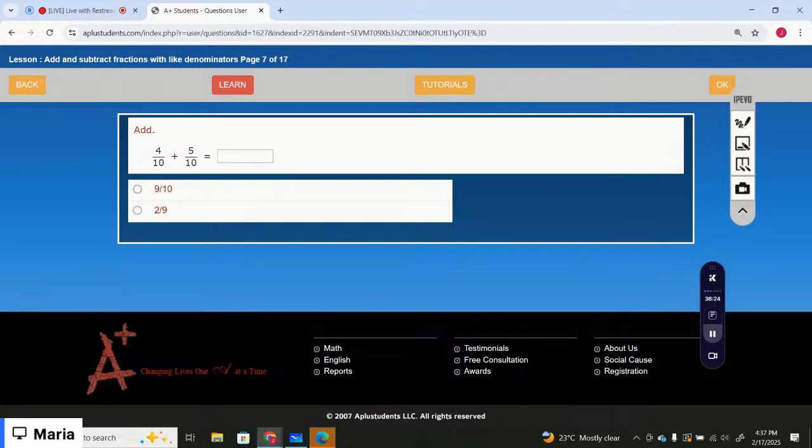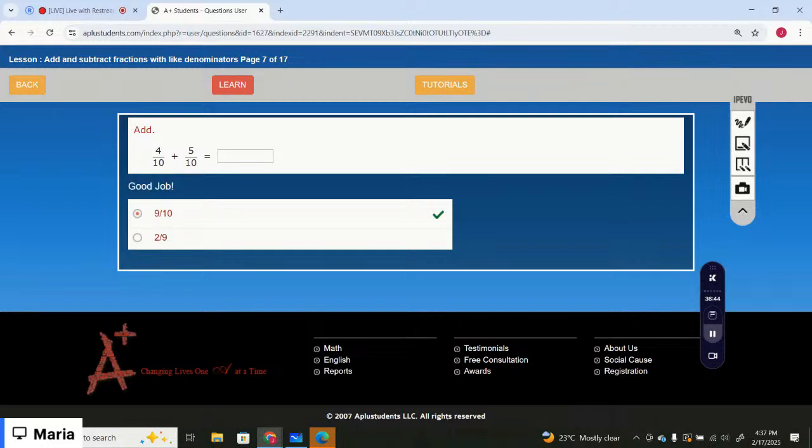That is 9 by 10. Option number 1 is the correct option. 9 by 10 it is.